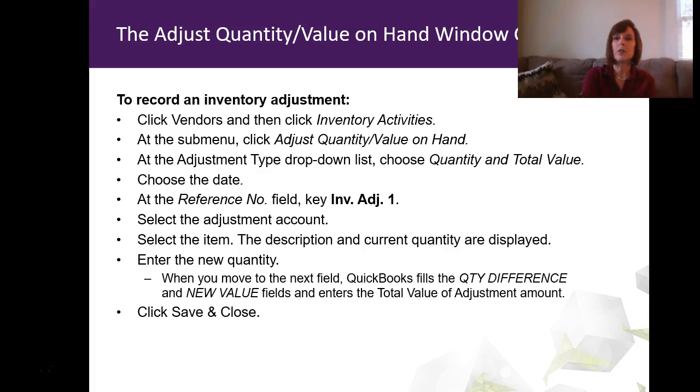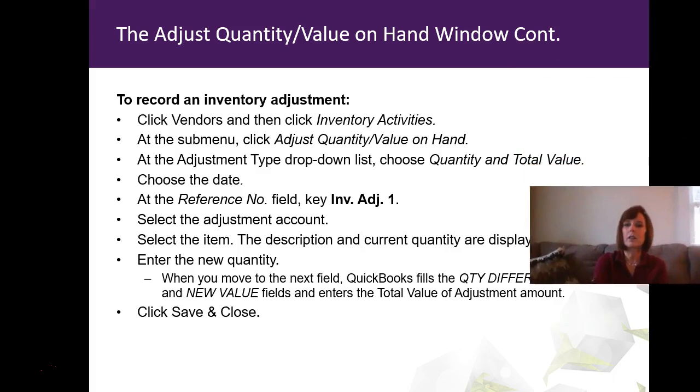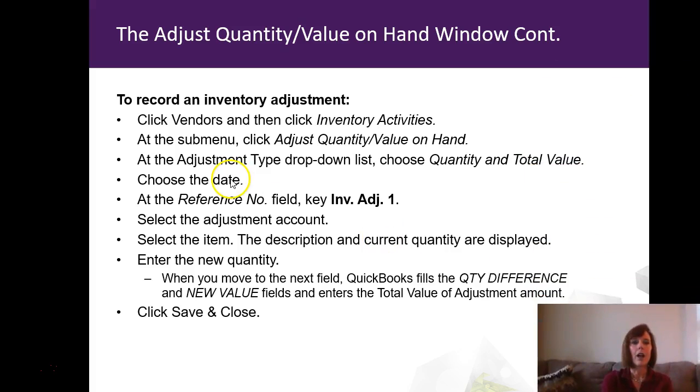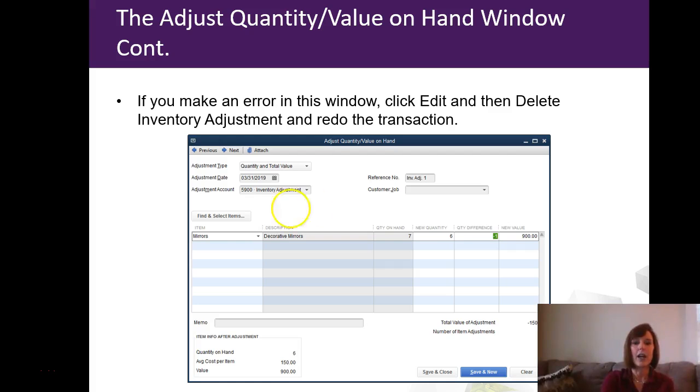So in order to do this, you're going into the vendors and the inventory activities, and then you're going to adjust your quantity on hand. Well, we'll just hop over and do this. It's just easier.